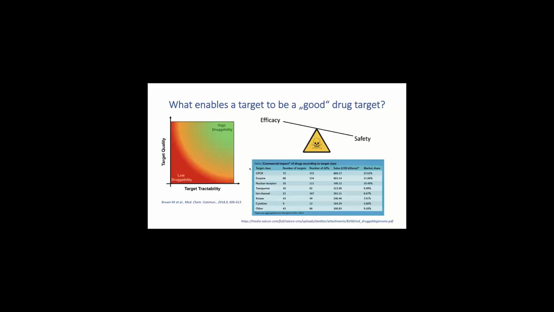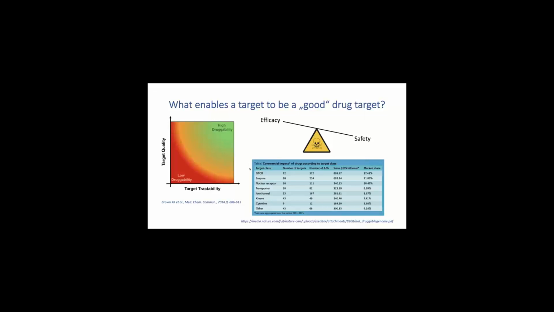So GPCRs, okay, there are many targets used from this big class of protein targets, but also a large number of APIs. But then there are others like kinases. Okay, to date there are a bit more than 50 drugs approved on the market which belong to the family of kinases, and not as many targets yet as GPCRs, right?